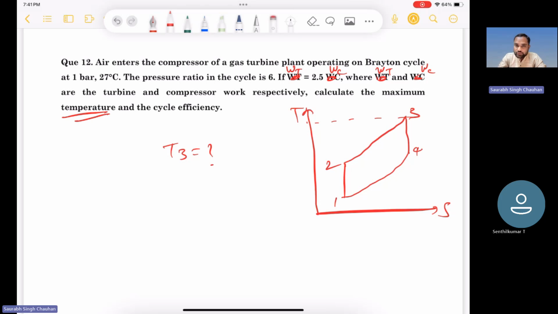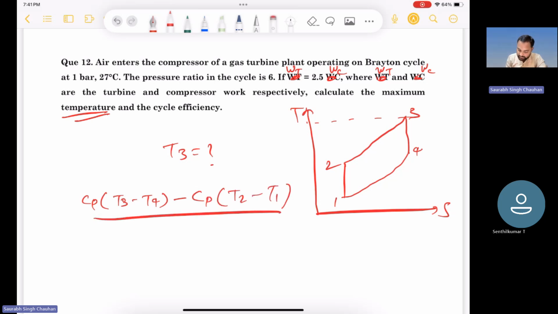Or if you want to use the formula of cycle efficiency, net work output will be turbine work, Cp (T3 minus T4), minus compressor work, Cp (T2 minus T1), divided by heat input, Cp (T3 minus T2). These temperatures you can easily get using the adiabatic relations.